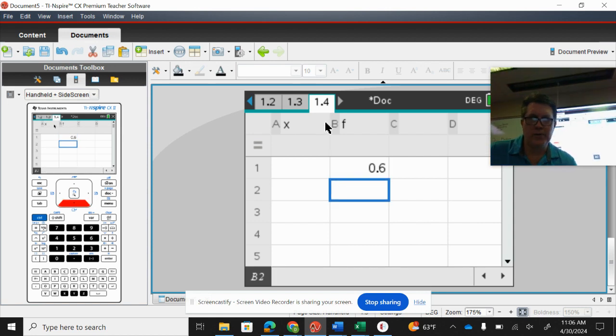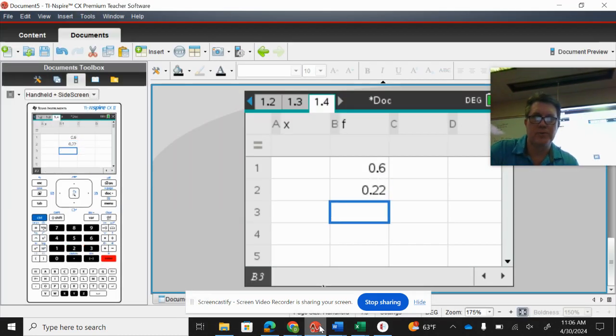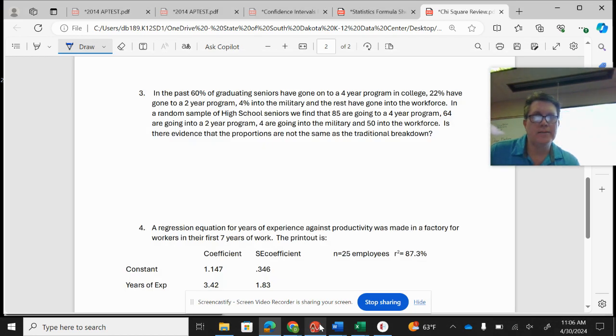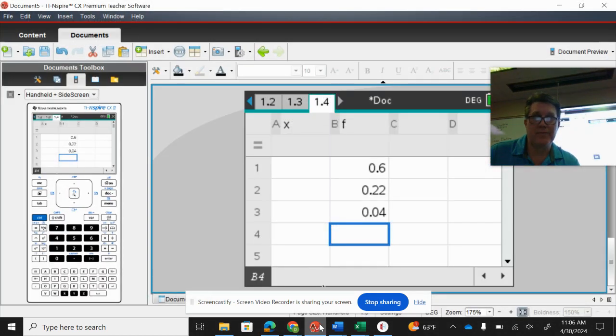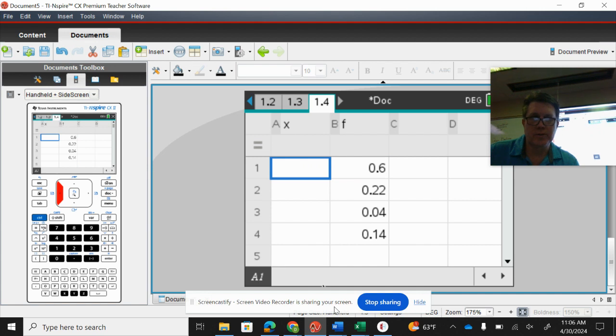So I'm going to put my frequency list in here. 22% have gone to a 2-year program, so I'm going to put 0.22. 4% have gone on into the military, and the rest in the workforce. So we're going to have to figure that out. That's 86%. So 14% going into the workforce.